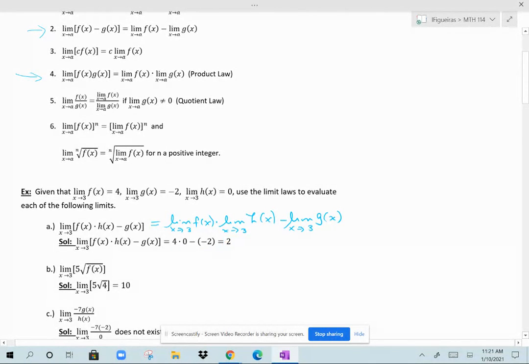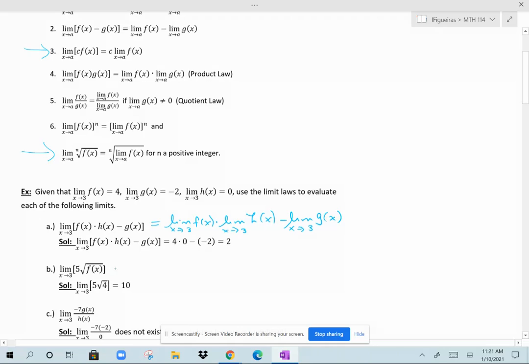Okay, so we move on to part B. I have the limit as x approaches 3 of 5 times the square root of f of x. So this time we're going to be using limit law number 3 because of the 5, that's a coefficient, and number 6 because of the radical.